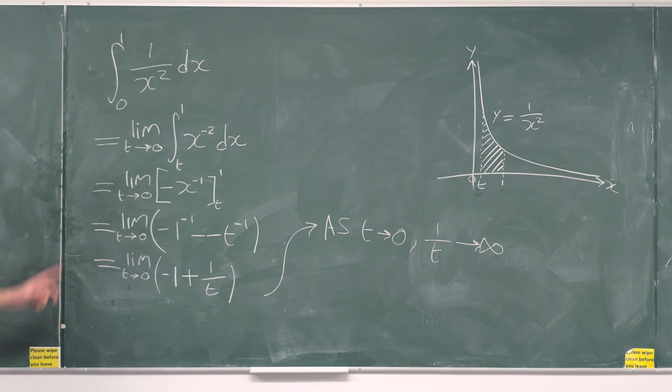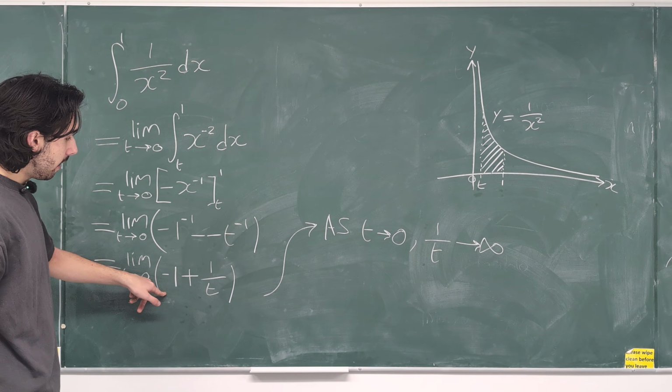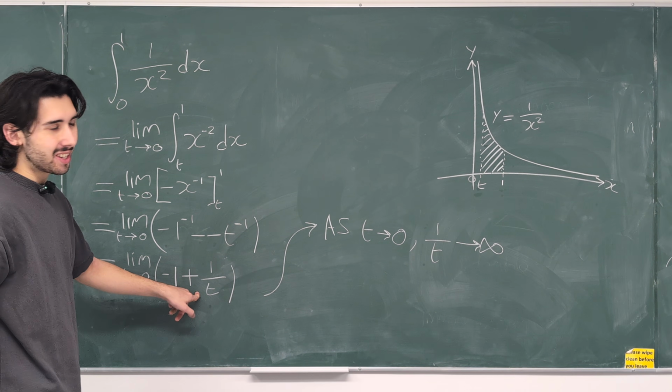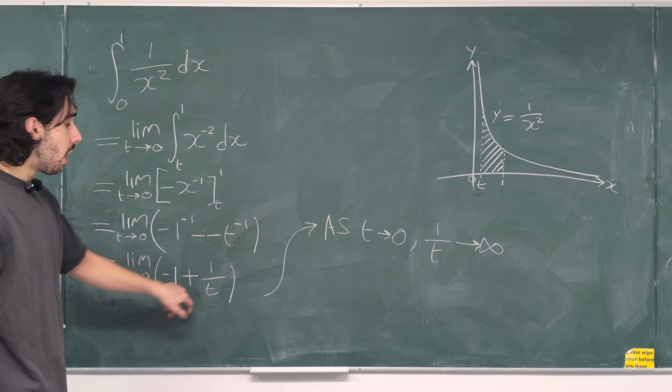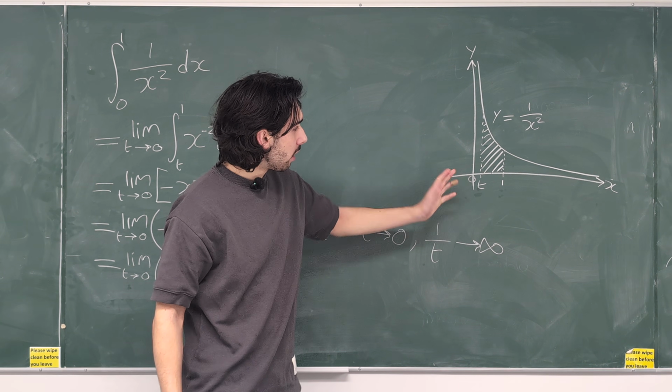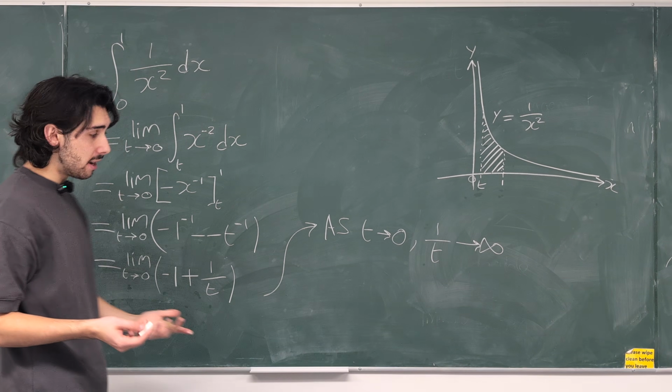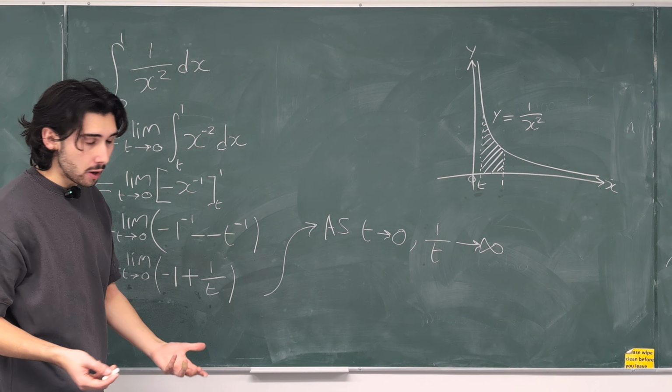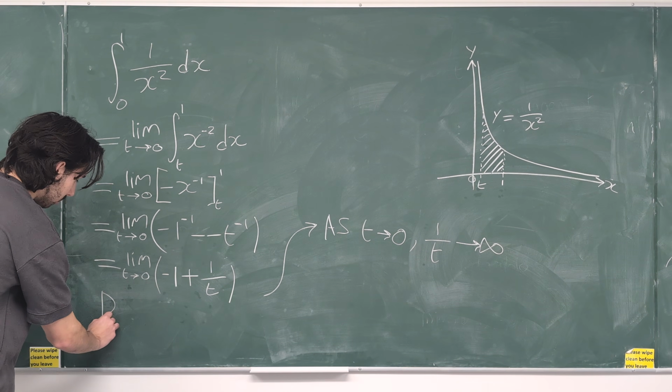So what we have is that this integral is like minus 1 plus infinity, and that's not too good. So this means that actually this area from 0 to 1 is infinite, so it diverges. So this is a divergent integral.